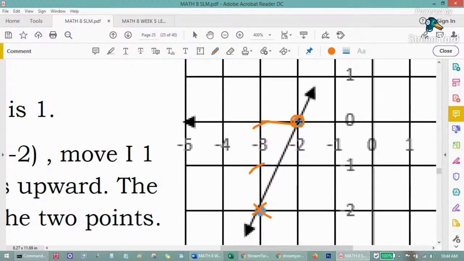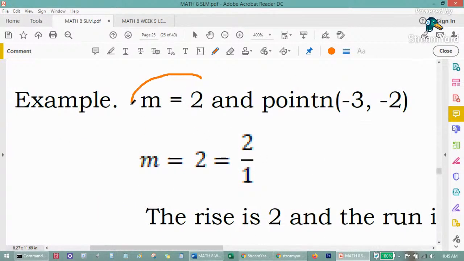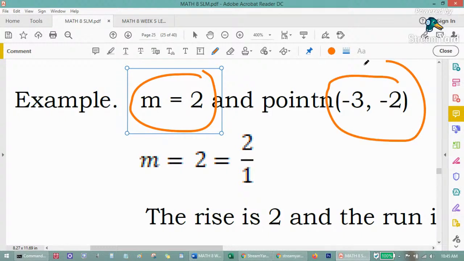Andun ang second point. So, yung first point at yung second point, i-connecta natin. This is now the graph. Ito na ngayon ang graph ng slope is 2 and point is negative 3, negative 2.